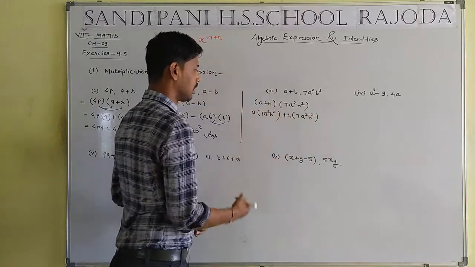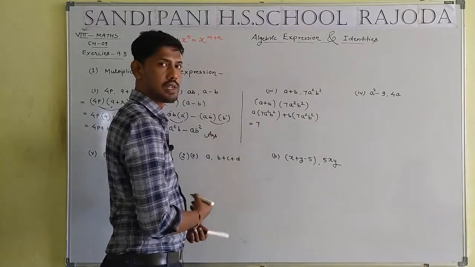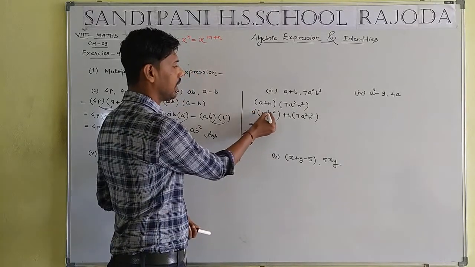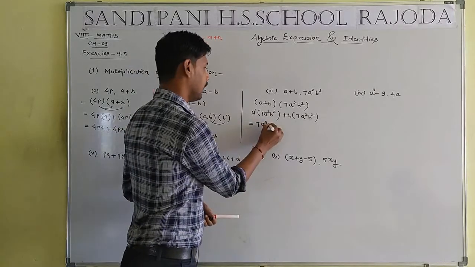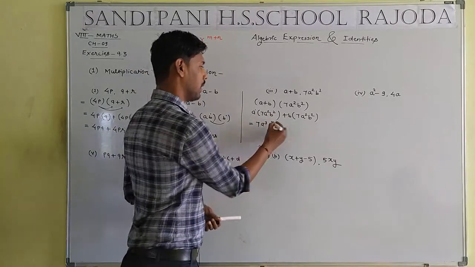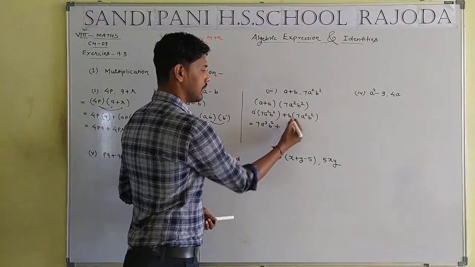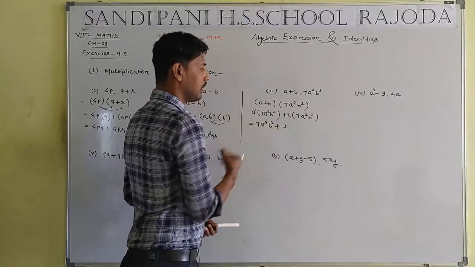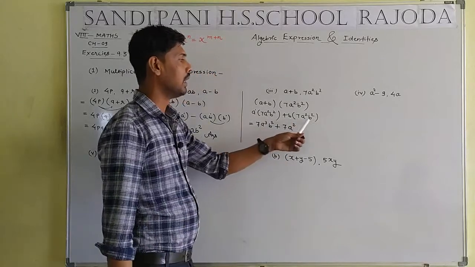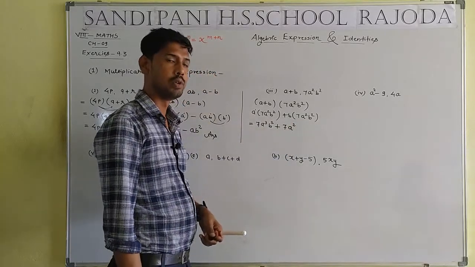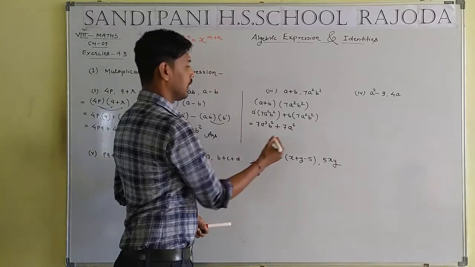Now 7, a to the power 1 and a to the power 2 will be equal to a to the power 3, and b square, plus now 7 is a single number, a square is a single quantity, and b to the power 1 and b to the power 2 will be equal to b to the power 3.